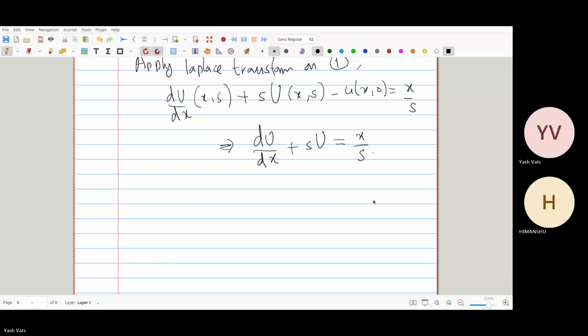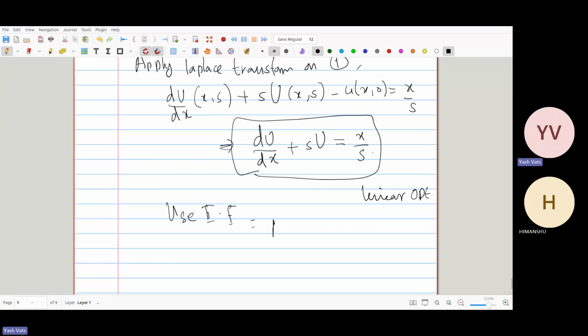So how do you solve it? This is a linear ODE, right? So you just use an integrating factor. What is the integrating factor? Mu is equal to e to the power of the integral of s dx, which is e to the power sx.